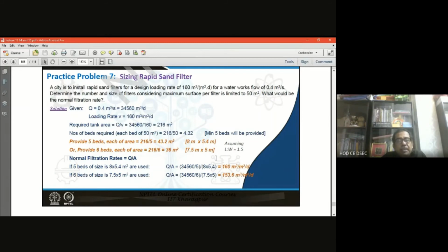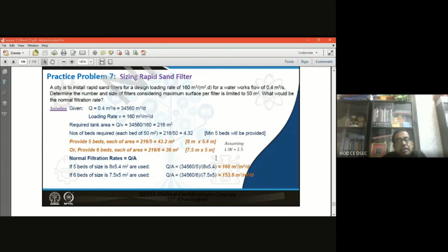Now normal filtration rate is Q by A. If we are providing 5 beds of size 8 by 5.4 meter, then the filtration rate is 160 meter cube per meter square per day, which is given in the question.